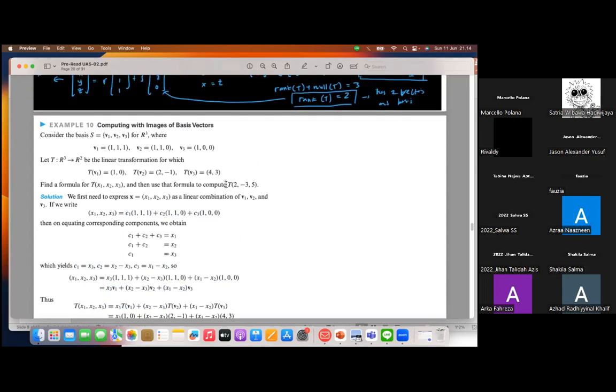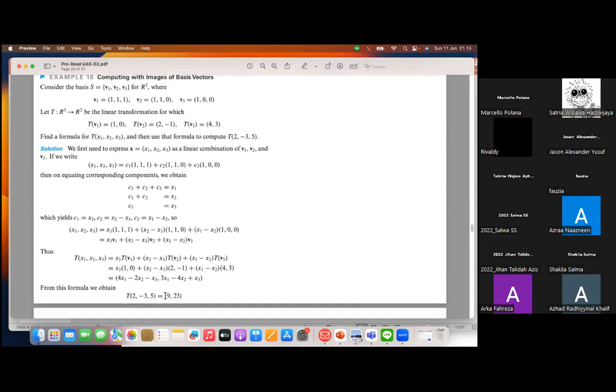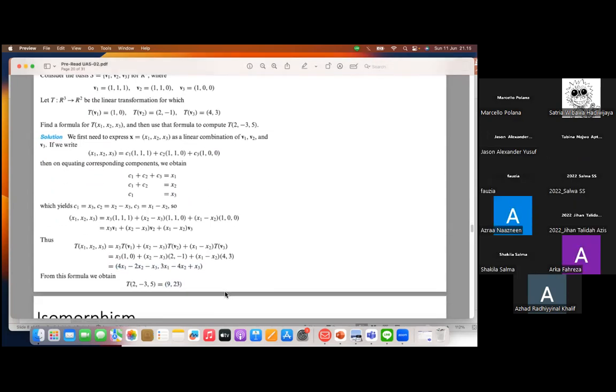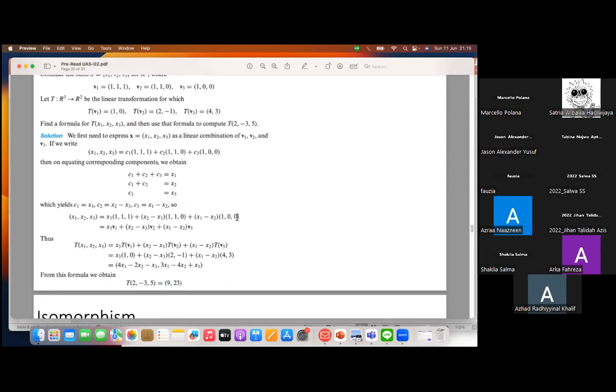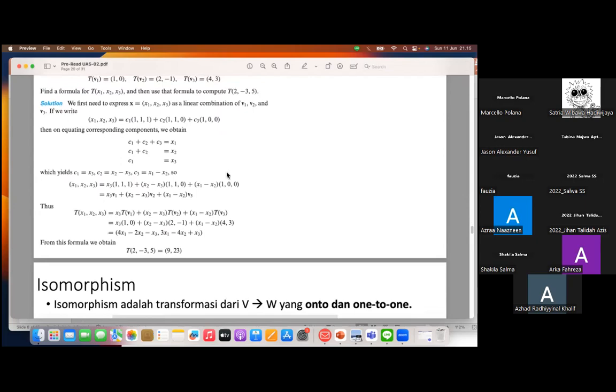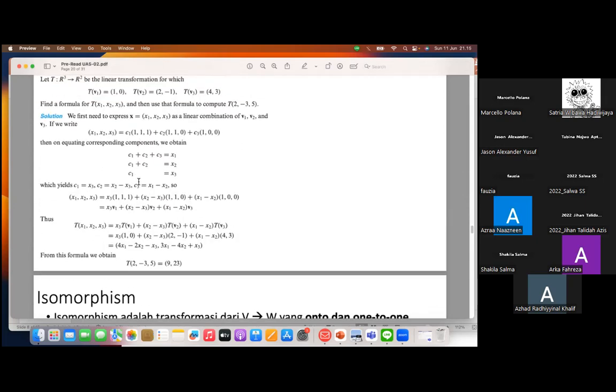Hence, we can compute this T2 minus 3,5 here using this formula. There's another way to do this that I can show you, but not now. I might put it in the drive. So if you are confused with this step.